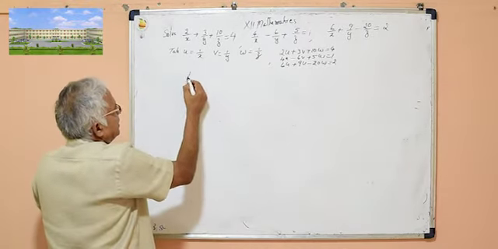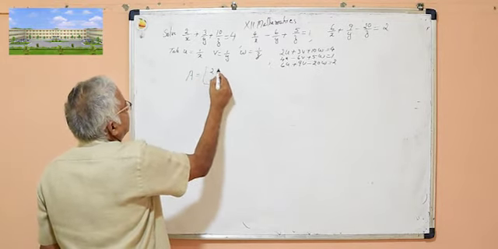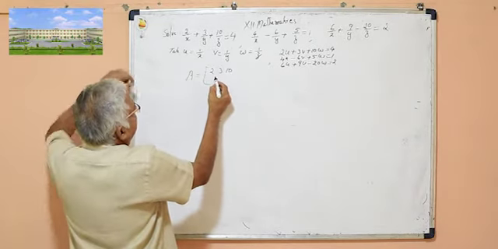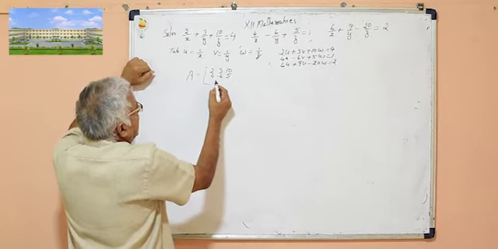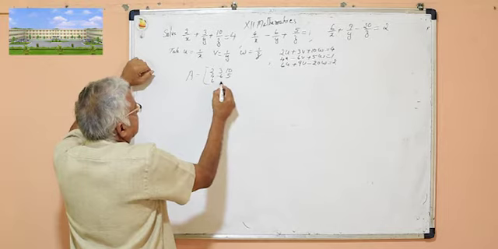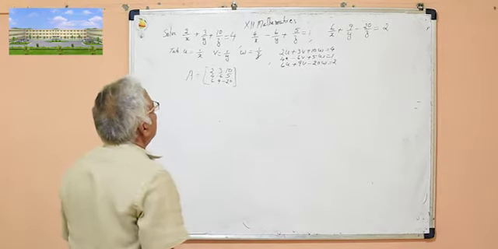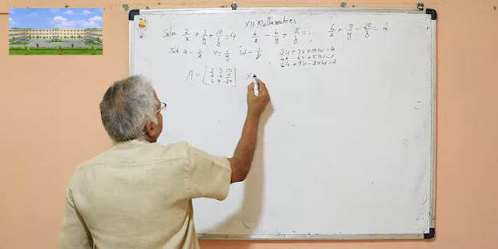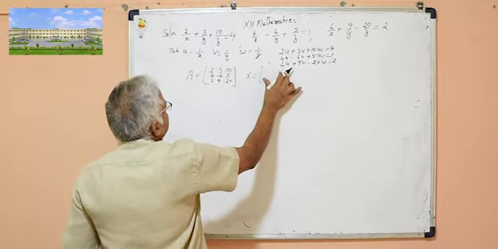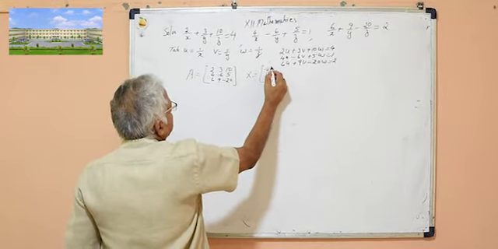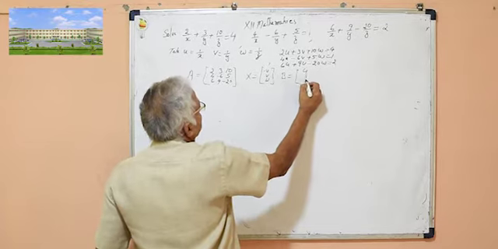So A is the coefficient matrix: A = [2, 3, 10; 4, -6, 5; 6, 9, -20]. The variable matrix is X = (u, v, w), and B is the right-hand side, (4, 1, 2).